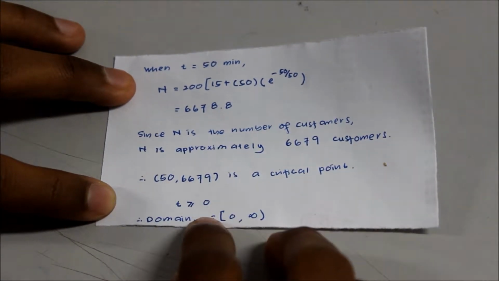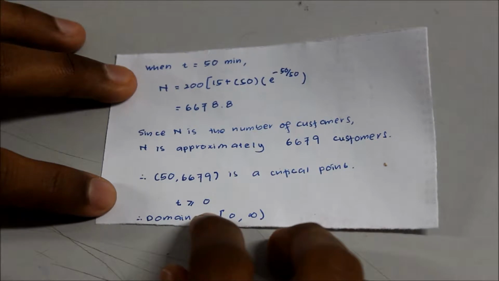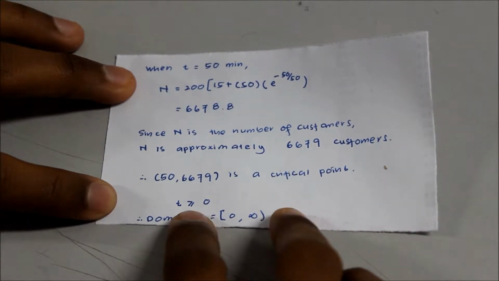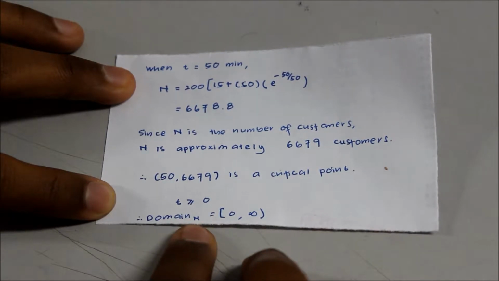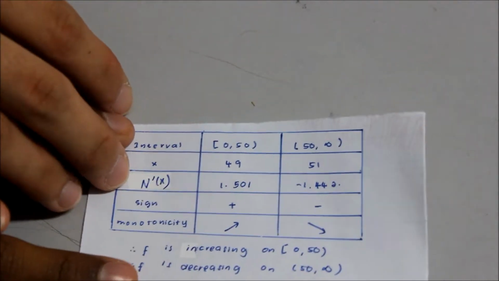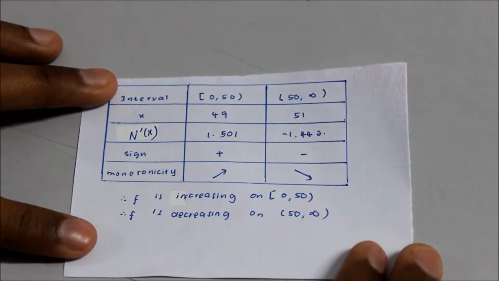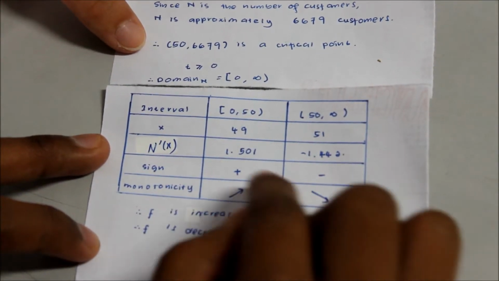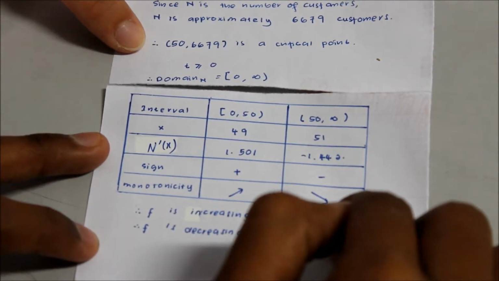Since T is time, T is greater than 0. So we get the domain for N is 0 to infinity. Now we have the critical point, so we need to find the monotonicity.